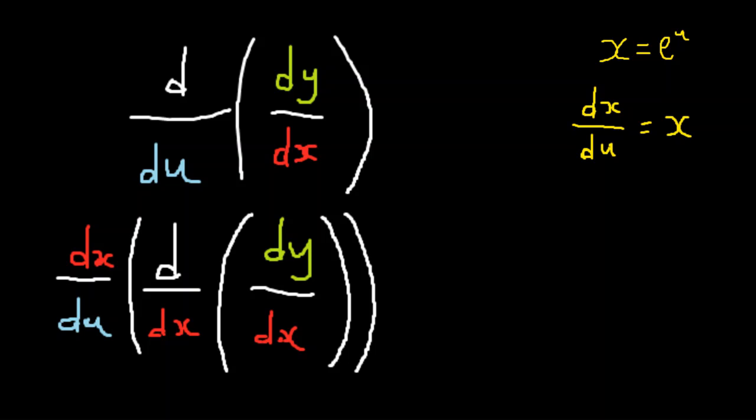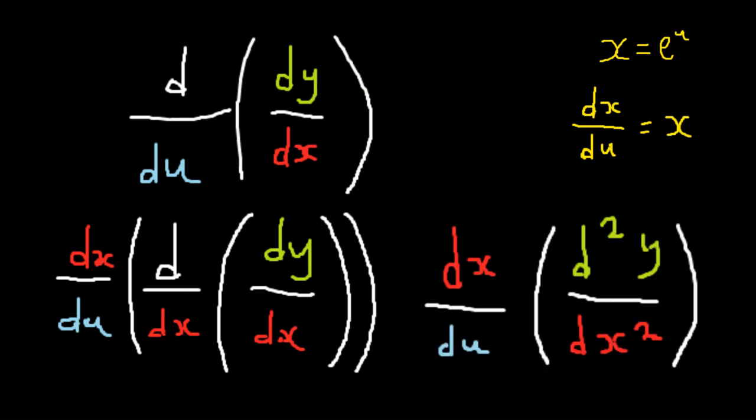As you can see, the two fractions on the left-hand side cancel out to d by du of dy by dx. So now if we do the two in the middle, we've got dy by dx, and that's a derivative, so let's just do that. And we have dx on du, d squared y on dx squared.